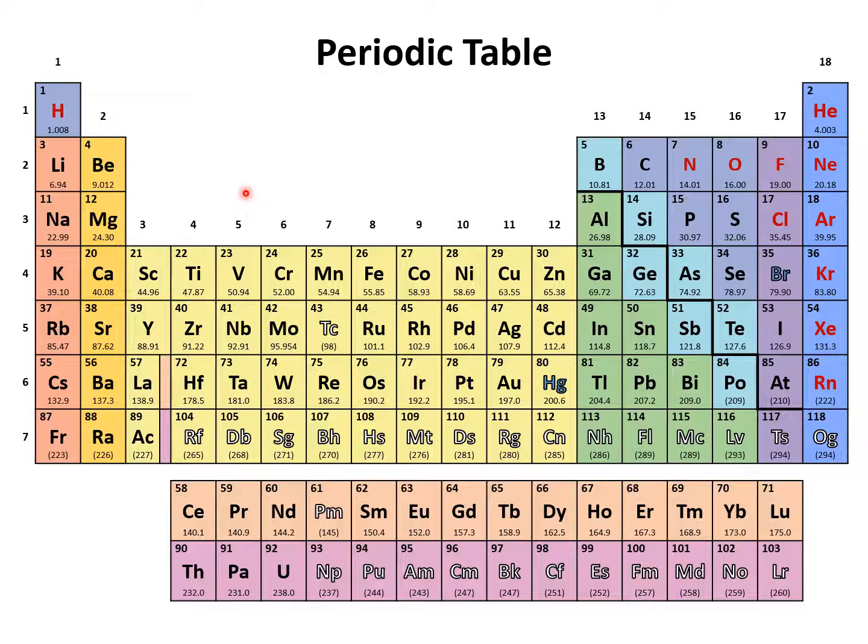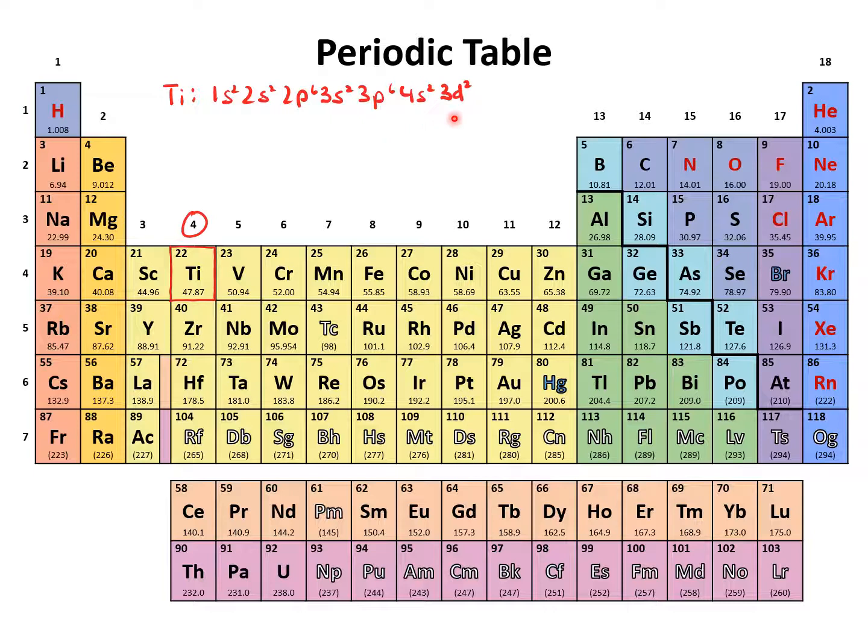Looking at titanium in the periodic table, we see that titanium is atomic number 22. And so we can write the electron configuration as 1s2, 2s2, 2p6, 3s2, 3p6, 4s2, 3d2.